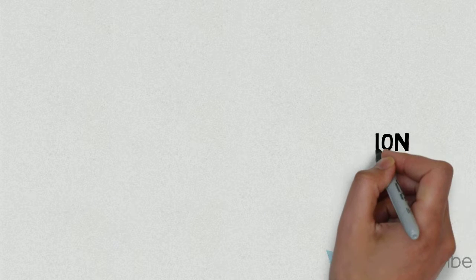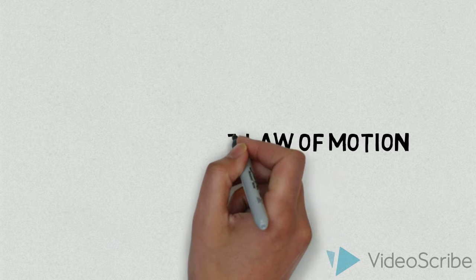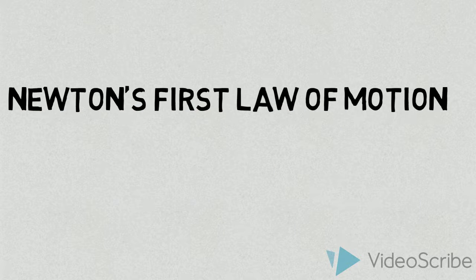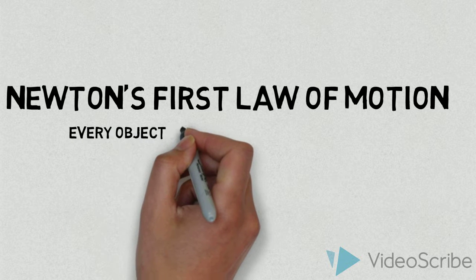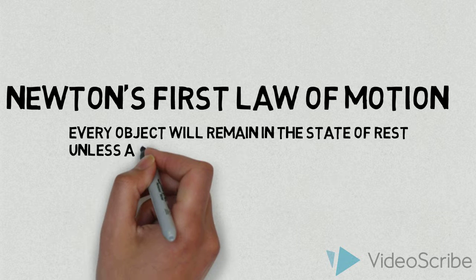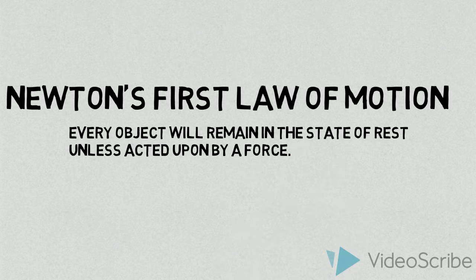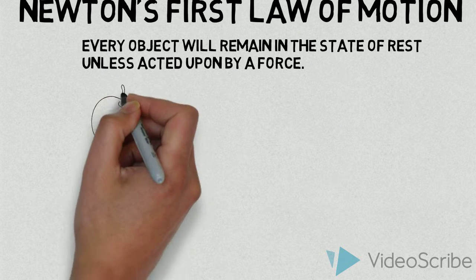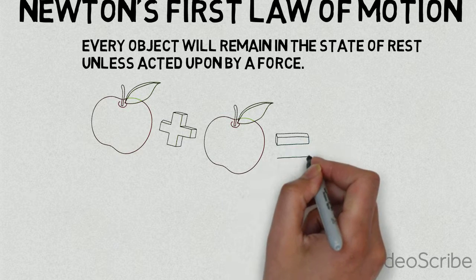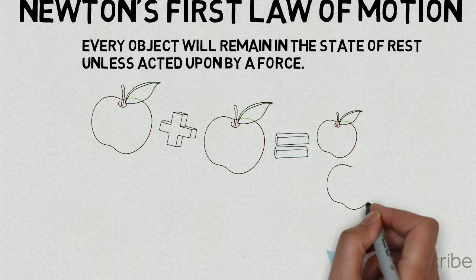This concludes to Newton's first law of motion, which is the basic one and easiest to remember, which states that every object will remain in the state of rest unless acted upon by a force. Now let's break this down into rudimentary steps so we can understand this concept better and actually do some physics with an experiment.